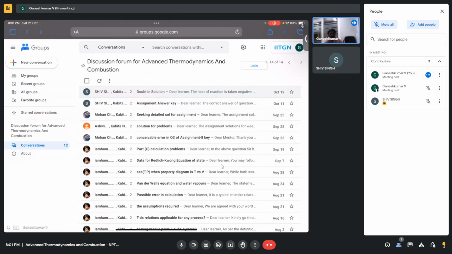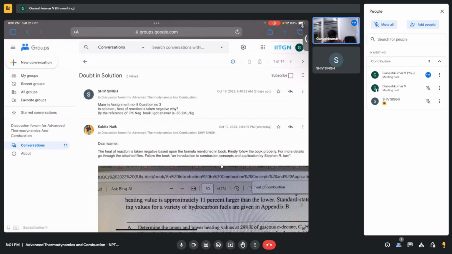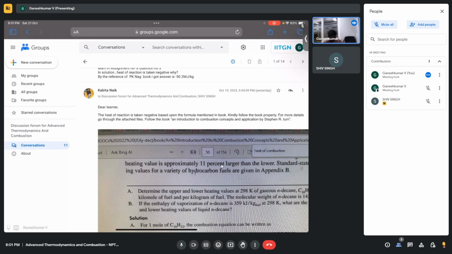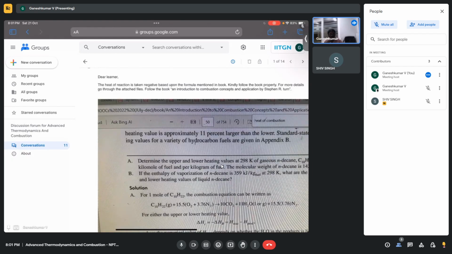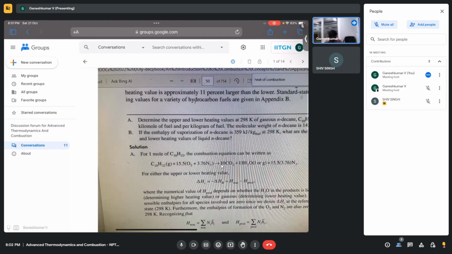Usually heat of combustion is called heating value, and in every place they use this convention only. I'm not sure why PK Nag used this. In every research paper and other places also, they follow this convention only.